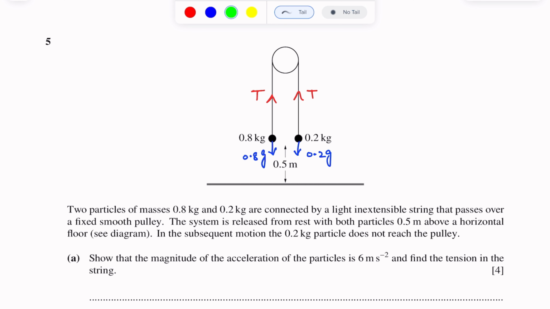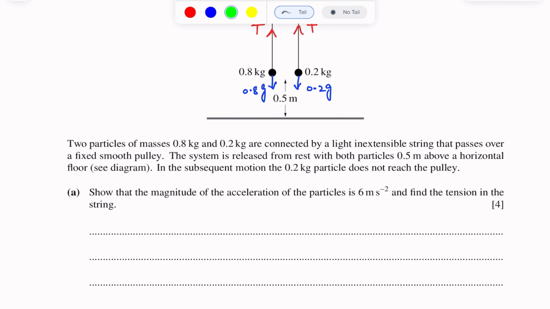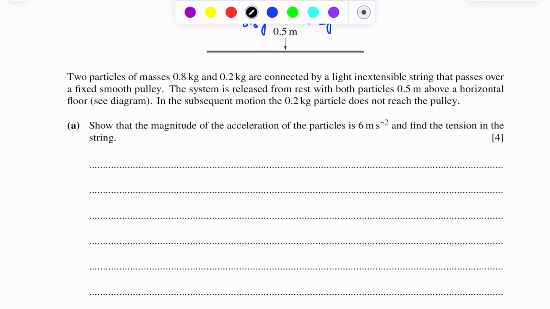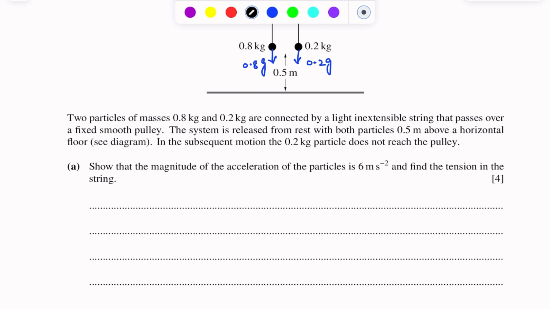Acceleration will be the same in both particles. So the equation of motion for the 0.8 kg particle, we are using here Newton's second law of motion.